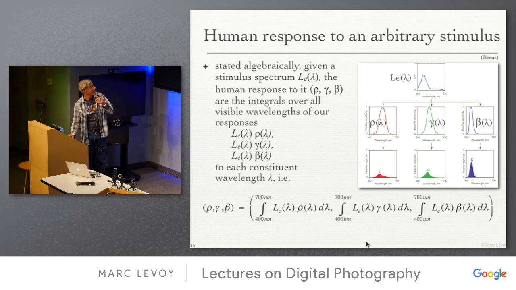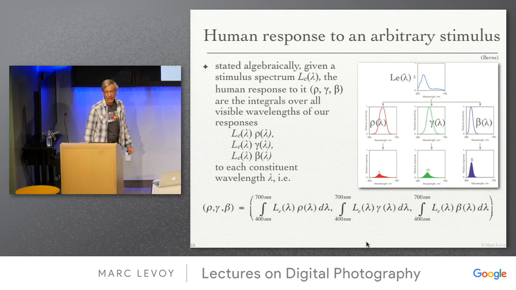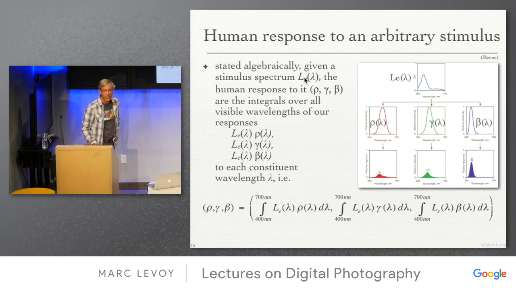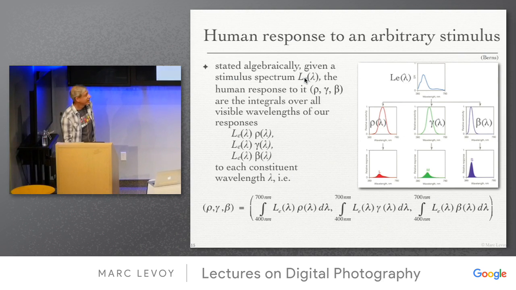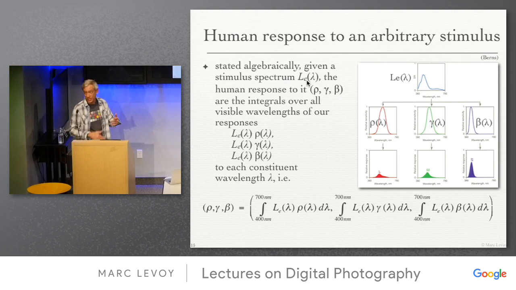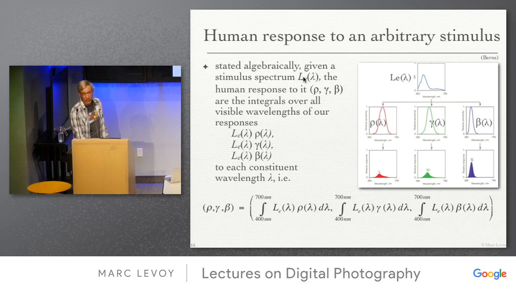Or if you prefer, we can do this algebraically. Same figure here. The stimulus has this funny international symbolism, LE. The E changes to other things if it has already gone through the human visual system and been scaled by it. We'll talk about some of these symbols later in the course when we talk about lighting and illumination.